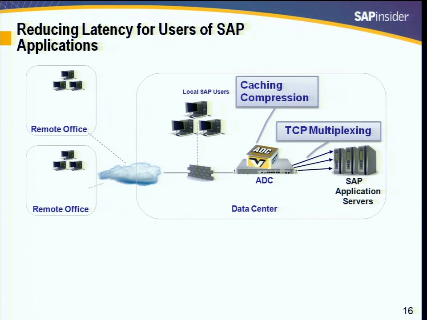So the transaction request from the second user doesn't go all the way to the server. Not only are you reducing the load on the server, but you're also reducing the latency for the user, because the network time is much shorter since the document is served from the cache. That's the other way of using caching to reduce latency.